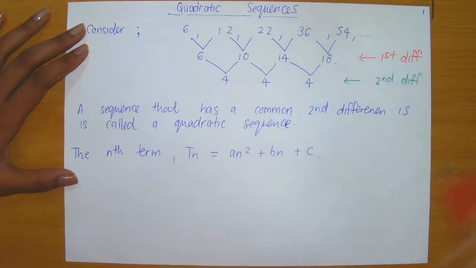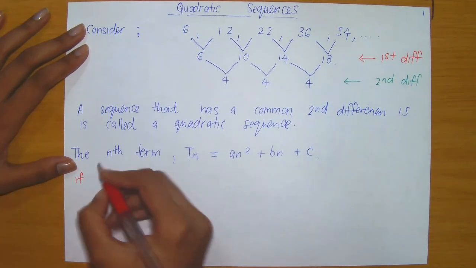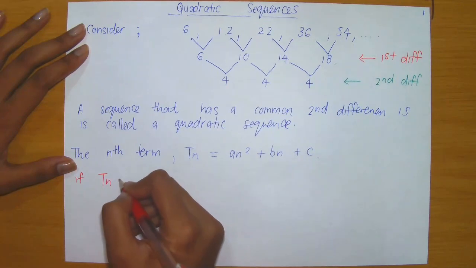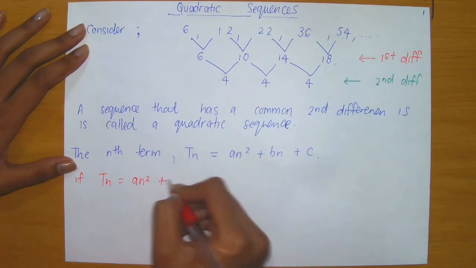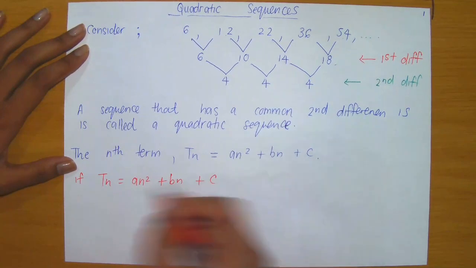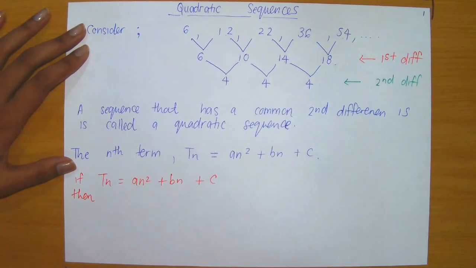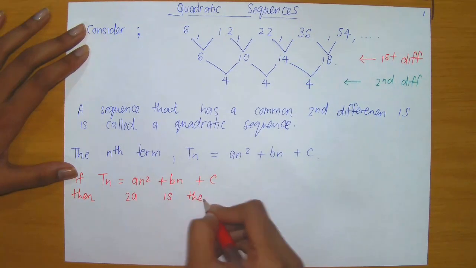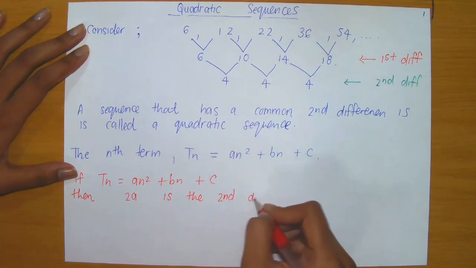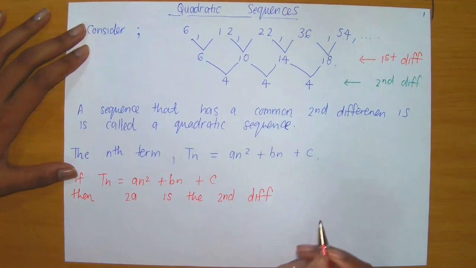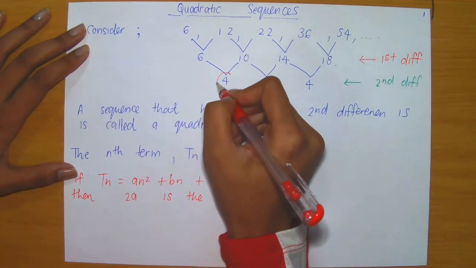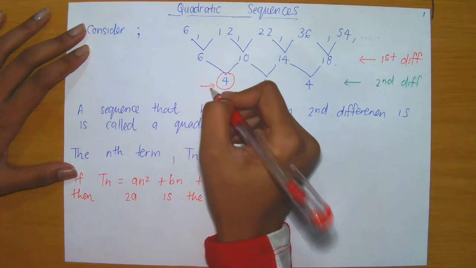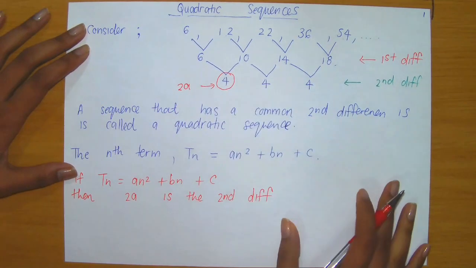Right, so it turns out that if you have that your general term is equal to an squared plus bn plus c, then the second difference that we had encountered, the common second difference, is actually equal to 2 times a. So 2a is the second difference. Right? So in here, that means that this value 4 is equal to 2a.